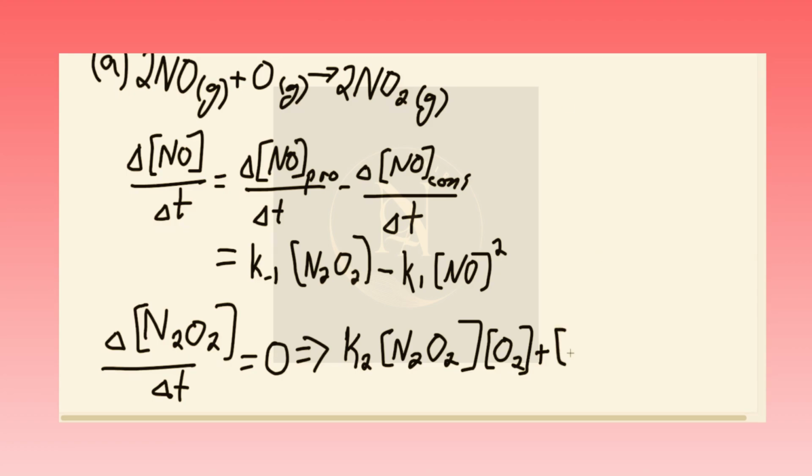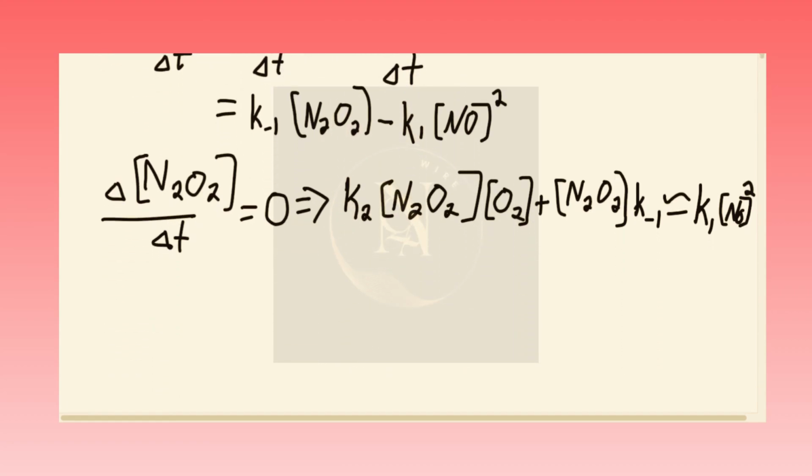So we have our amount of N2O2 times k₋₁, which is going to be approximately equivalent to our k₁ times [NO] squared.